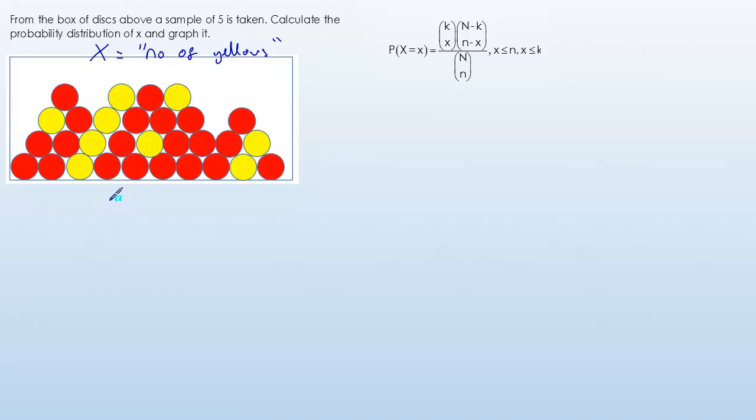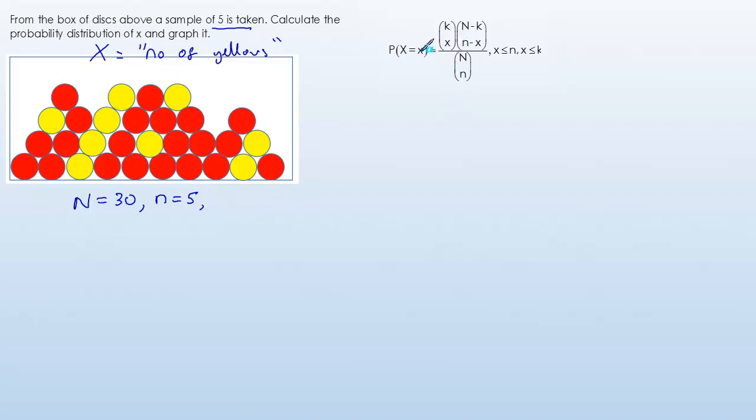So there's 30 discs. That means that big N, that's our population size, is 30. Little n is the sample size, and we're taking 5 discs.